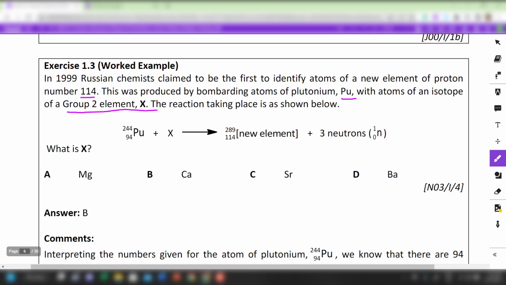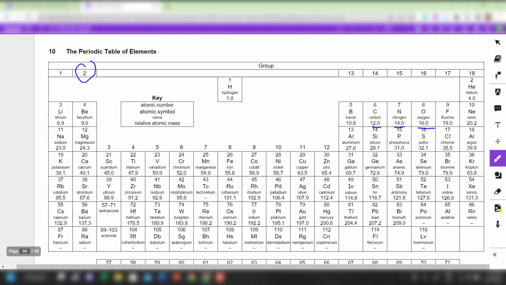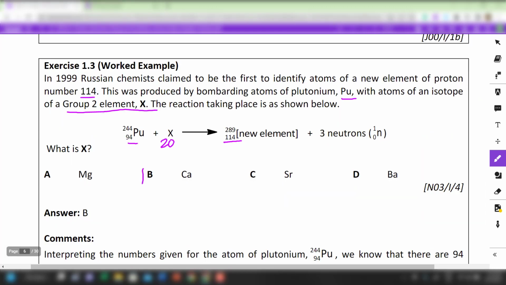The only important thing we need to do here is to identify the proton number. Based on conservation of mass, all we need to do is take the difference between 114 and 94, and we should end up with 20 for X. We'll go to the periodic table and look for atomic number 20. This will be calcium, so calcium is therefore the answer.